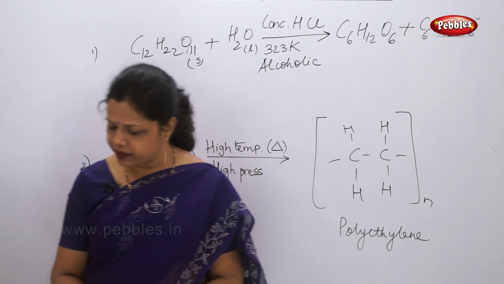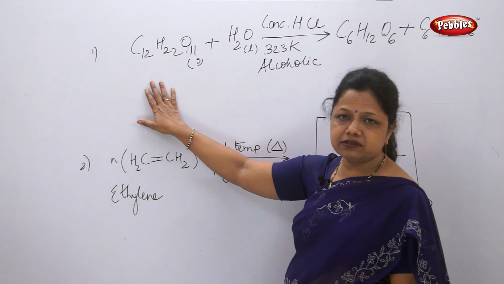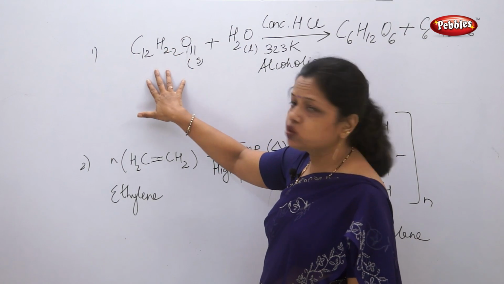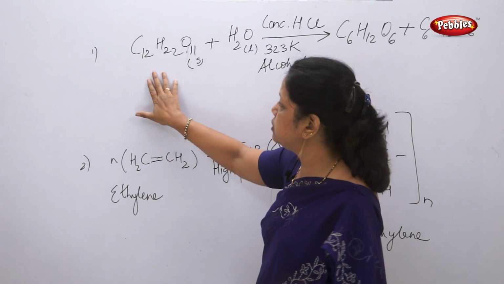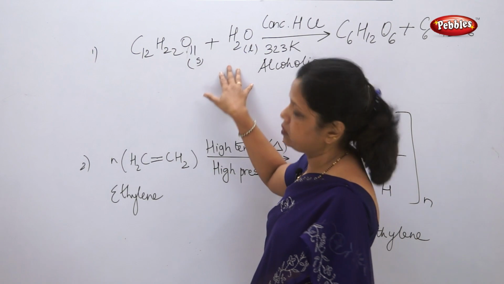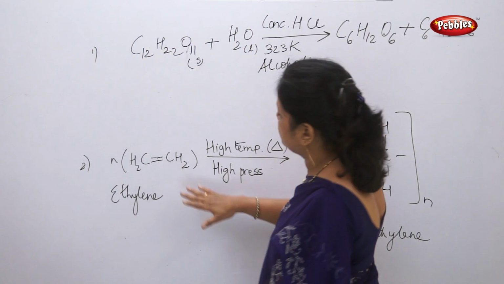First question, name the reactants and the products in equation 10. Now this is equation 10 which is given in your book. What is the name of the reactant? This is sugar, and this is water. So the reactants are sugar and water. Then what is the name of the process in equation 11?